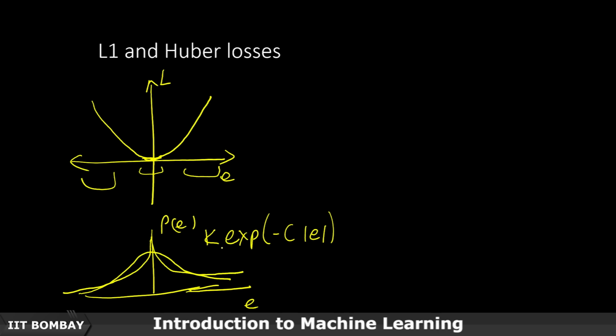So here the idea is that for large values of error, no matter what these constants are, the tail is going to be higher than the tail of a Gaussian distribution, where we have error squared inside instead of mod of error. These heavy-tailed distributions basically mean that there is more chance of an outlier compared to a Gaussian.